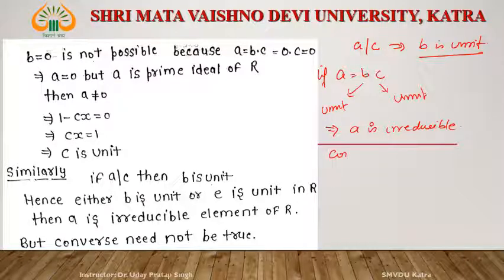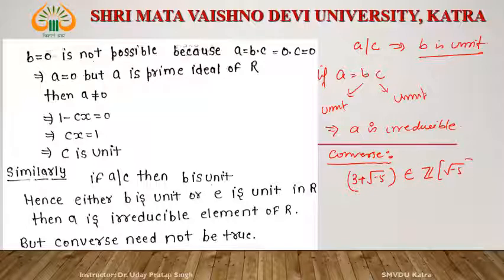What about the converse? The converse part we already proved. What is it? If p is prime, then p is irreducible. This we already showed you. But the converse need not be true. Why? We already showed one example: 3 plus square root of minus 5 in Z[square root of minus 5] is irreducible but not prime.